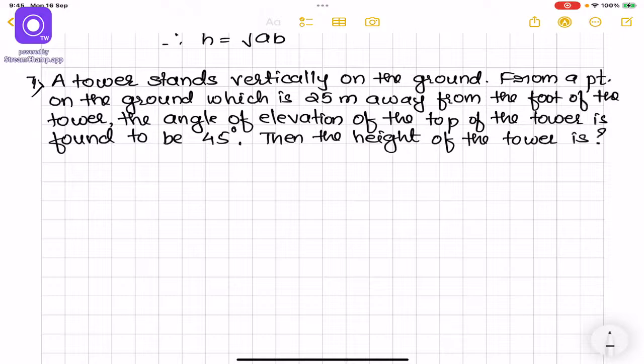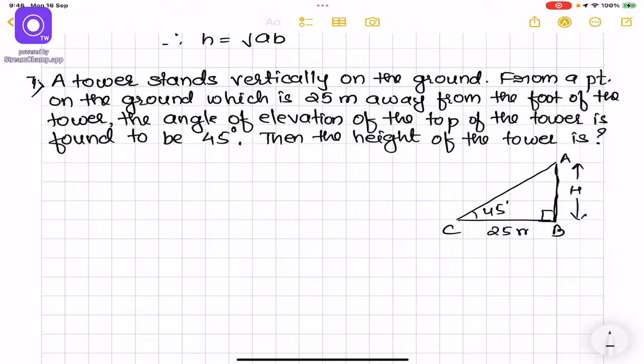So now see, half of the thing I am given is a tower stands vertically on the ground. So let us take a tower. This will be the shape of it, this is tower AB whose height is h meter, because I don't know the height, and it is said that it is 45 degree, and the distance of the foot of the tower from the point is 25 meters.